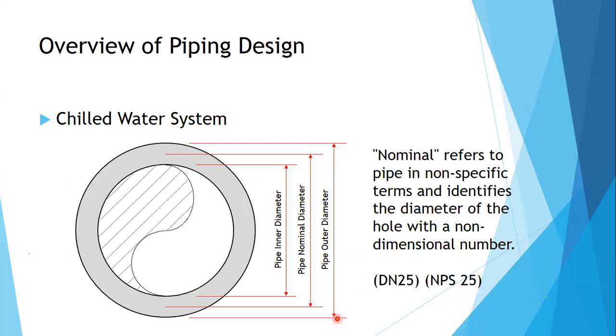This is your inner diameter of the pipe. This is your outer diameter of the pipe. This is your pipe nominal diameter. It's not necessarily the center or in between the outer diameter and the inner diameter. It's just the nominal diameter. Nominal diameter is usually indicated with DN, dimensional number, or NPS. This is the symbol or abbreviation for nominal pipe size.